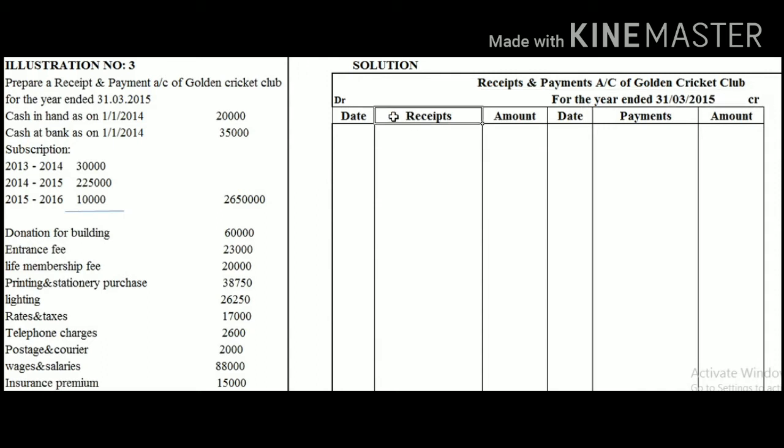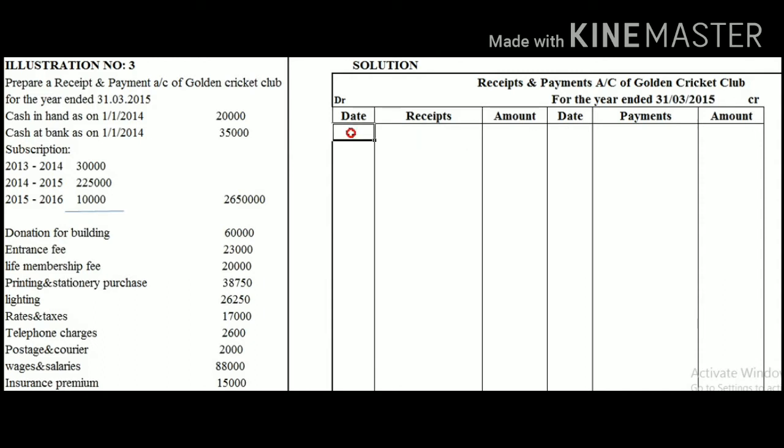After that you have to draw 6 columns: date column, receipts column, amount, date column, payment column and amount. Here the debit side is related to the receipts and the credit side is related to the payments.